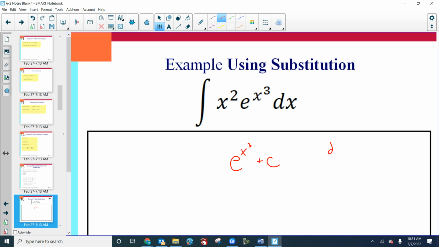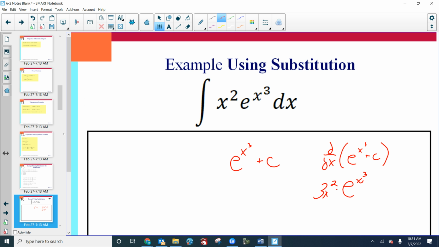Well, what's the derivative with respect to x of e to the x cubed plus a constant? The derivative of e to the u is e to the u times 3x squared. That's close. Really close.